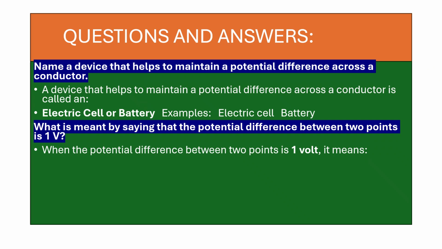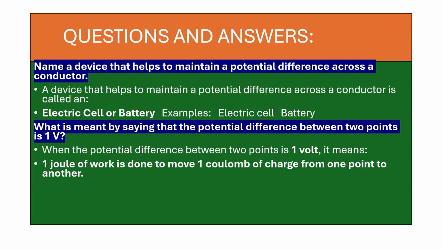When the potential difference between 2 points is 1 volt, it means 1 joule of work is done to move 1 coulomb of charge from one point to another, which I've explained in the previous slide. So mathematically, again, 1 volt is equal to 1 joule upon 1 coulomb.